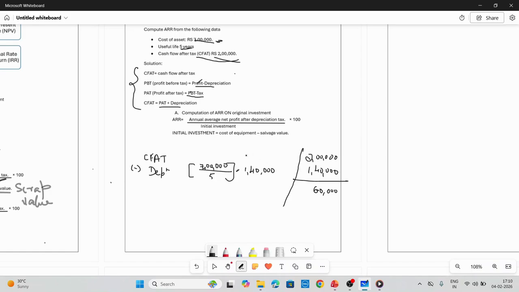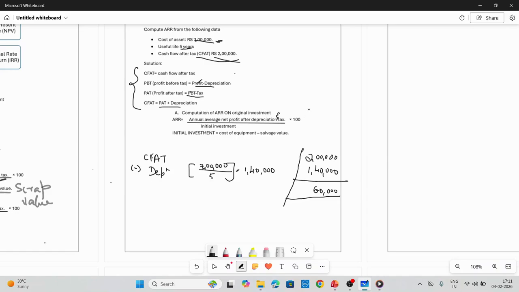Now let's calculate ARR. ARR is equal to annual average net profit after depreciation and tax. Since there is no tax rate, we have not calculated tax. So this is the annual net profit.